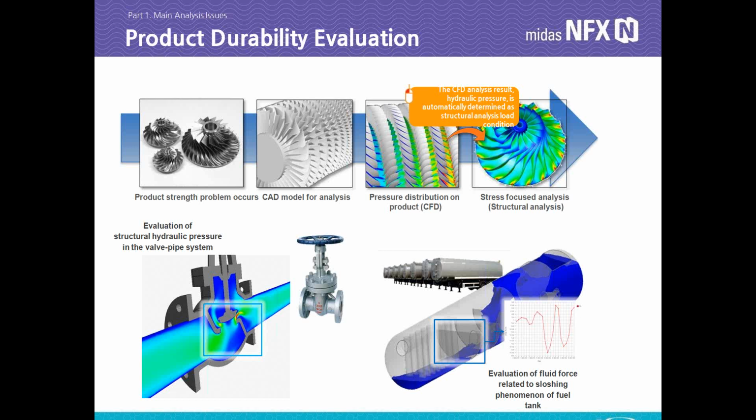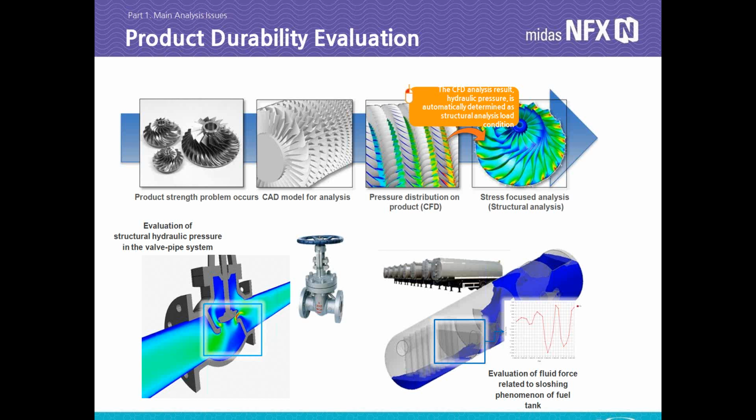Now, you can also analyze product durability, which is very important, because when you have rotating equipment, for example, you have a lot of fluid pressure on your structural model, and maybe you'd like to know how long you can use this system before it breaks because of the pressure.